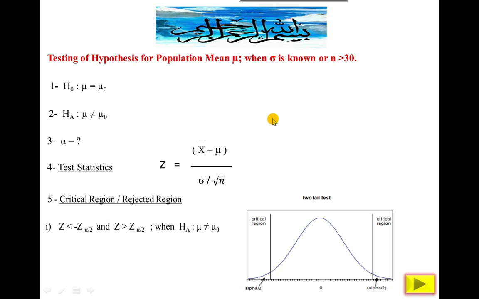Bismillahirrahmanirrahim. In this video we will study testing of hypothesis for population mean mu when sigma is known or n greater than 30. Before this we have done testing of hypothesis for population mean mu when sigma is unknown, but in this sigma is known.